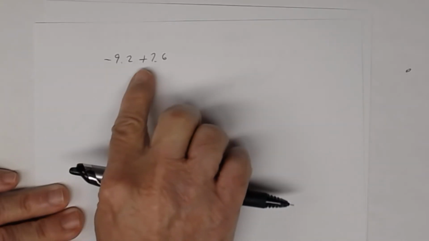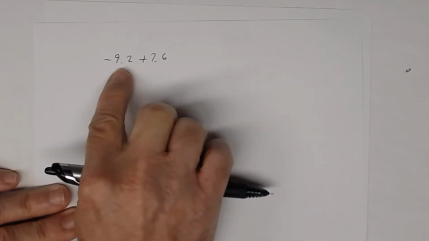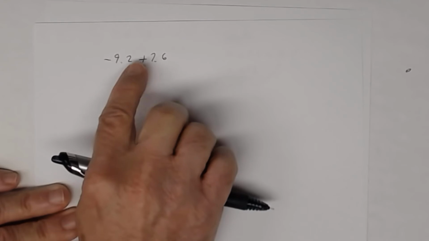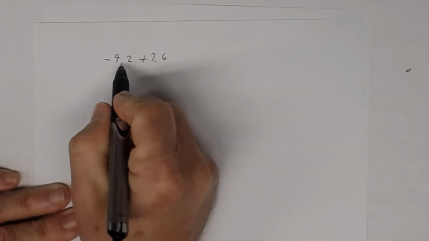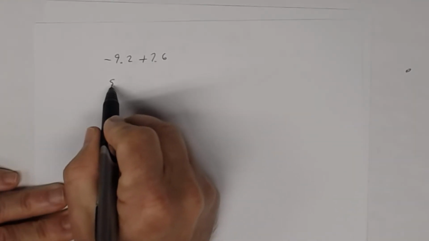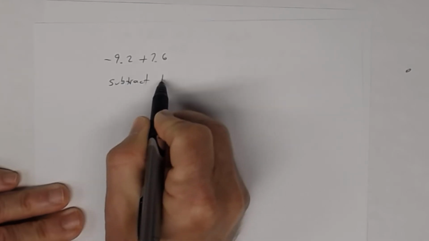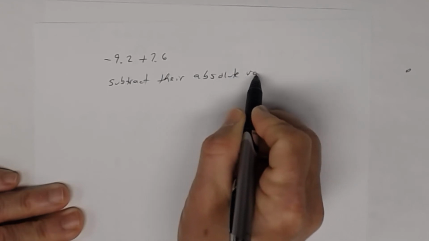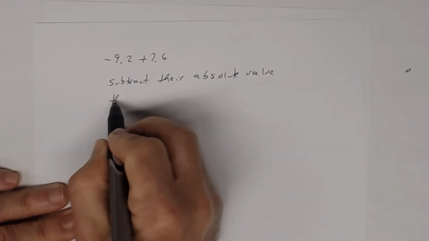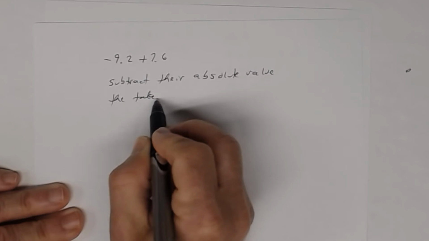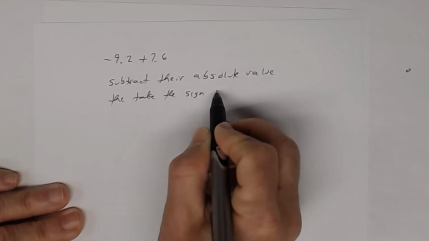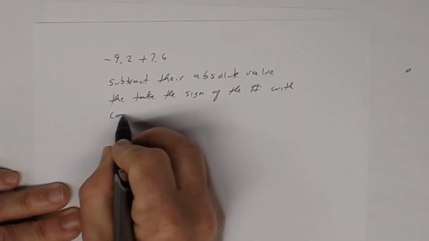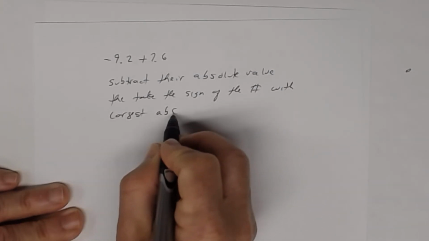What you learned was that when you add two numbers whose signs are different, so this is negative and this is positive 7.6, you subtract their absolute values, and then take the sign of the number with the largest absolute value.